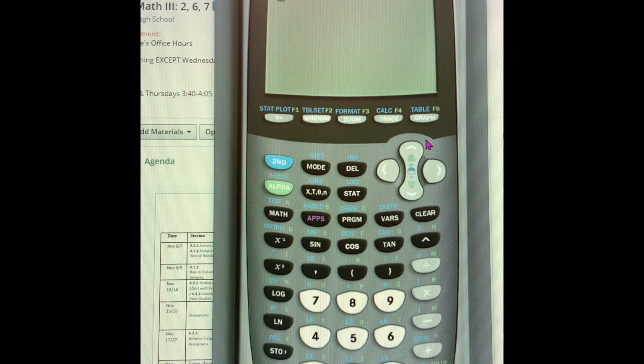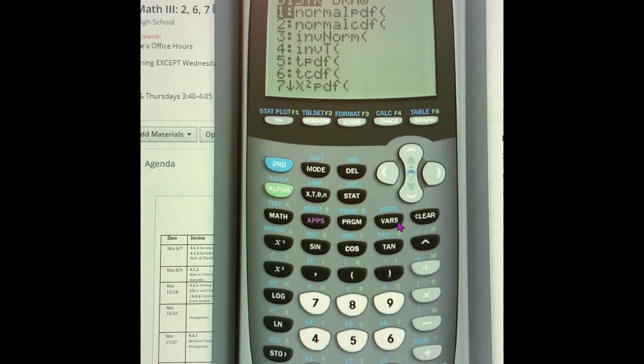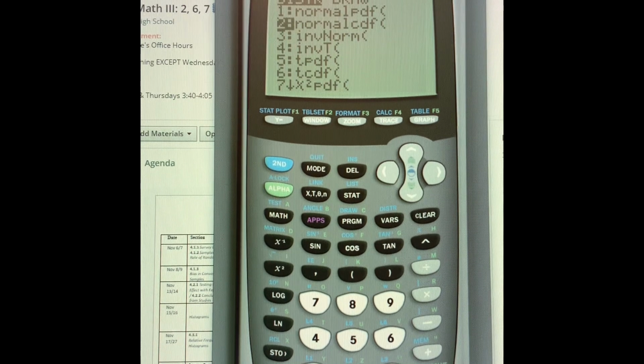Okay, so this is what your calculator looks like. You want to just make sure you turn it on if you've never used one. That's down at the bottom. We are doing distribution. See in blue right here? It says distribution right above the vars button. Because it's in blue, to get there, I press second, distribution. We are doing normal CDF, so number 2. You can either press the button number 2 or you can scroll down and press enter.